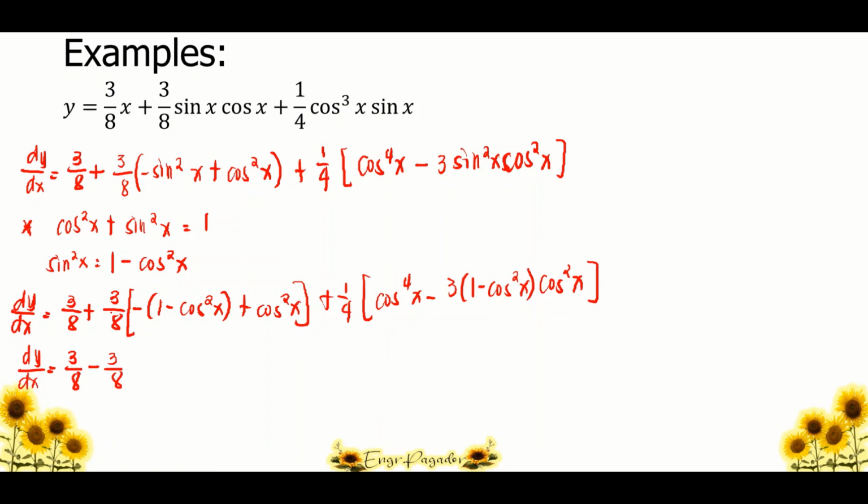And then, 3 over 8 times positive cosine squared x, that will be equal to positive 3 over 8 cosine squared x, plus 3 over 8 distributed to cosine squared x, so 3 over 8 cosine squared x. And then, for this one, let us distribute 1/4. So, plus 1 over 4 cosine raised to 4x.